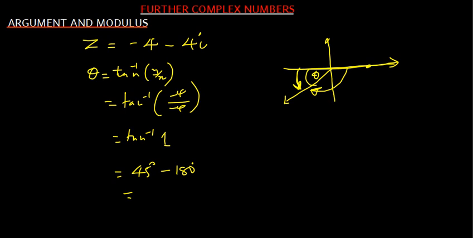So 45 minus 180 degrees, that is negative 135 degrees. So this is the argument. So this is 135 degrees, in other words. The reason why it is negative is because we are going in the clockwise direction. So basically that is how we give the argument of a complex number.